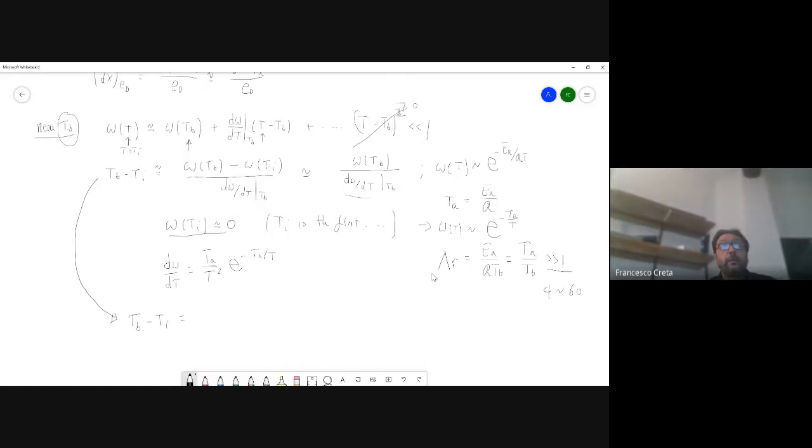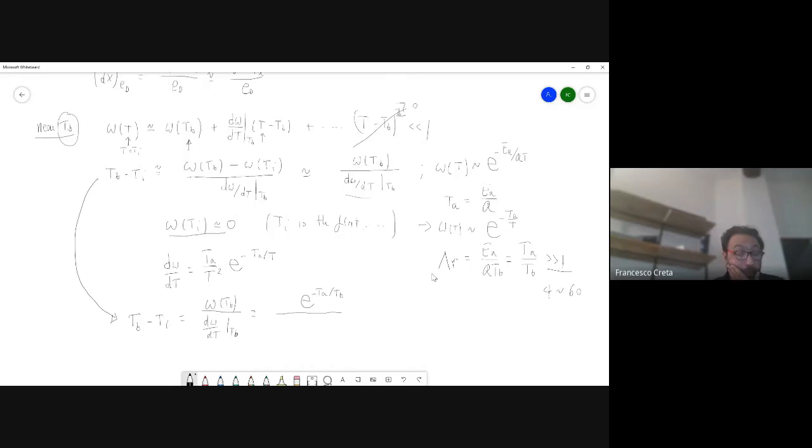So it's essentially omega TB divided by this derivative calculated at TB. So essentially, this is equal to, well, we have e to the minus TA over TB in the numerator.